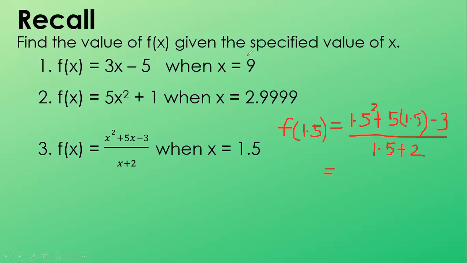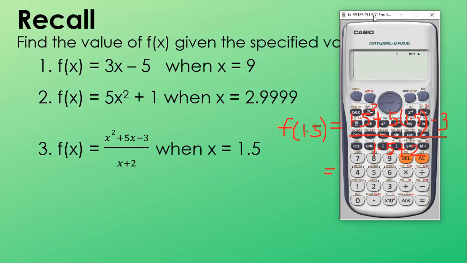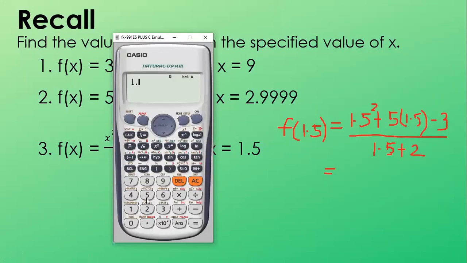Okay, and this will give us an answer of, 1.5 squared plus 5 times 1.5 minus 3 over 1.5 plus 2. Okay, that gives us 27 over 14 or approximately equal to 1.9286.